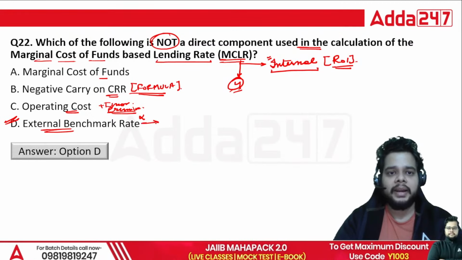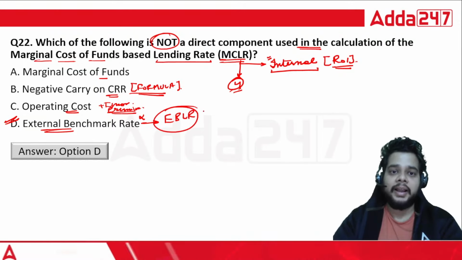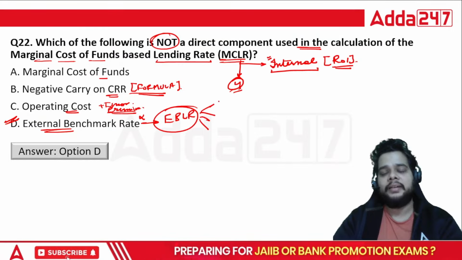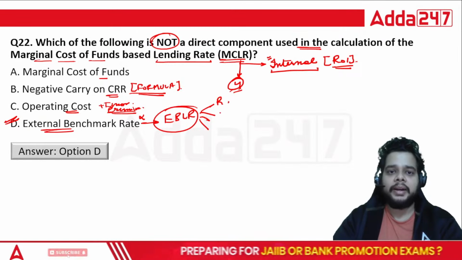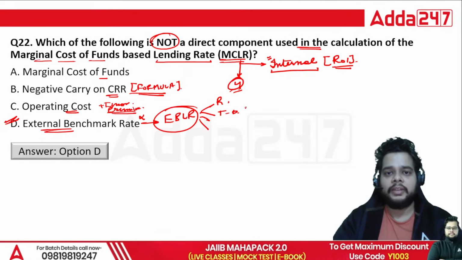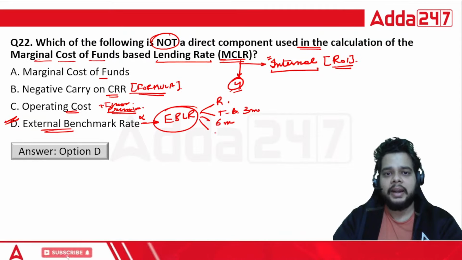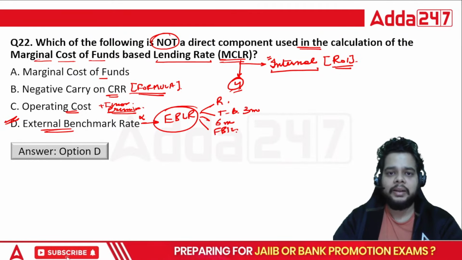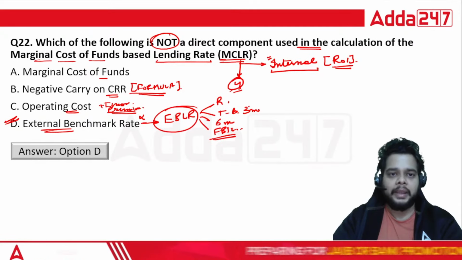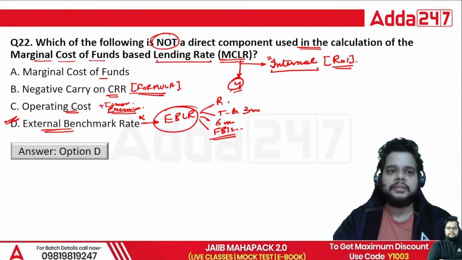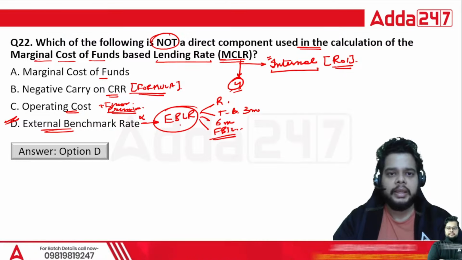External benchmark rate, also known as EBLR, again has 4 different components, starting from the repo rate, then the T-bill yield for 3 months, then the T-bill yield for 6 months, and any other benchmark recommended by FBIL or regulatory measure. So out of these, you have to select the EBLR.